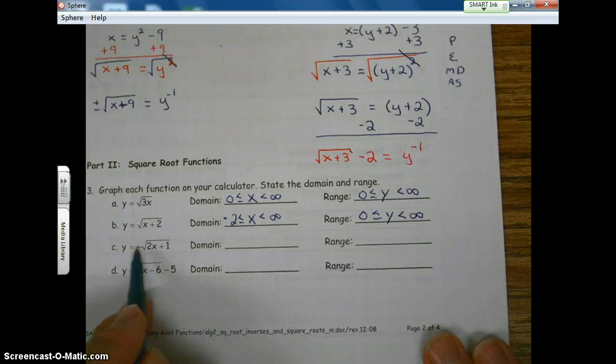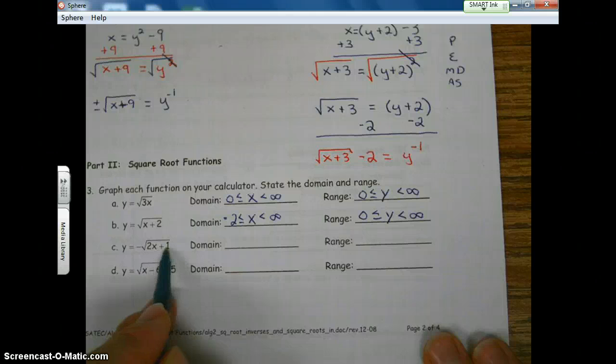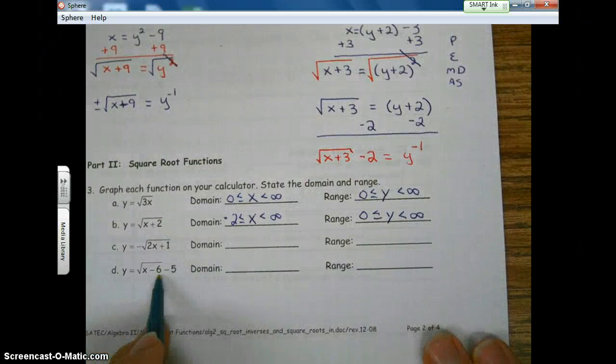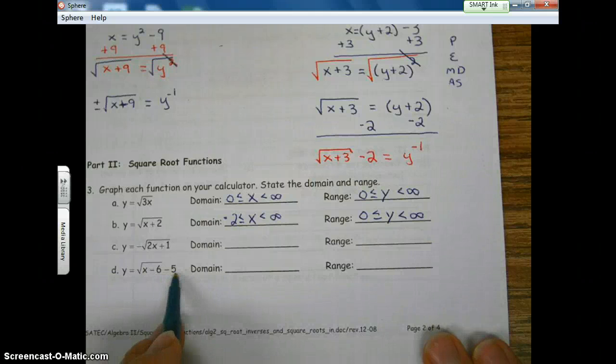Now I'm not going to talk about the parameter changes here because we have a number on the x, which is a horizontal. Actually, in this case, this is a horizontal compression. So I'm not going to discuss that right now. This is going to be 6 units to the right and 5 units down.